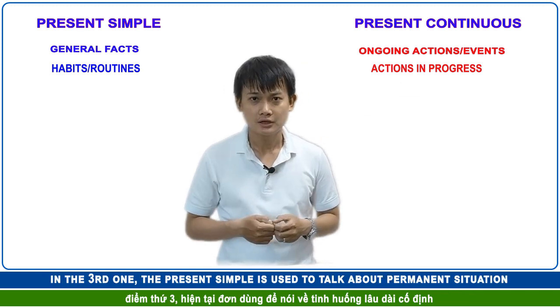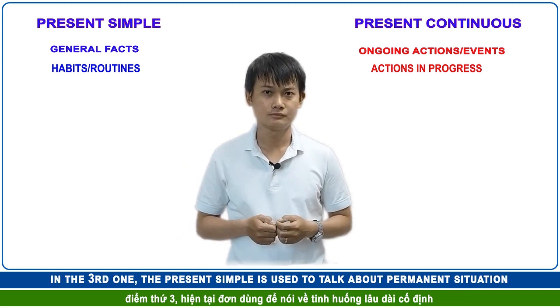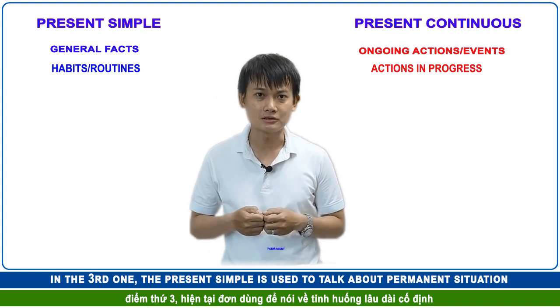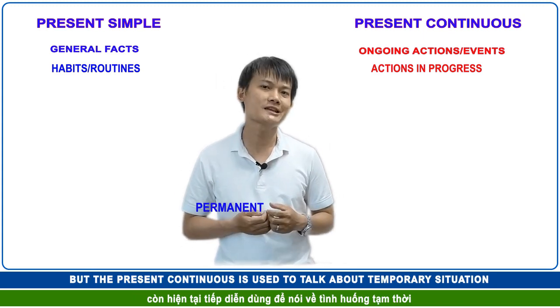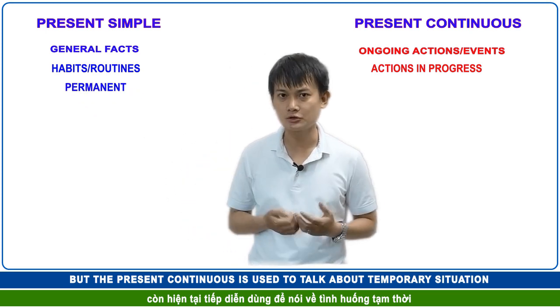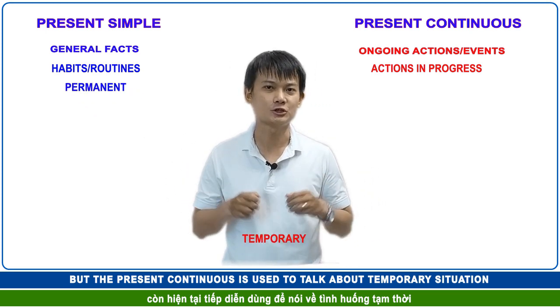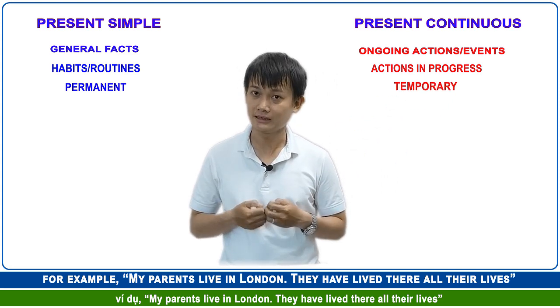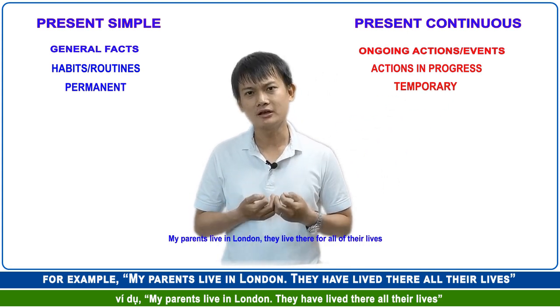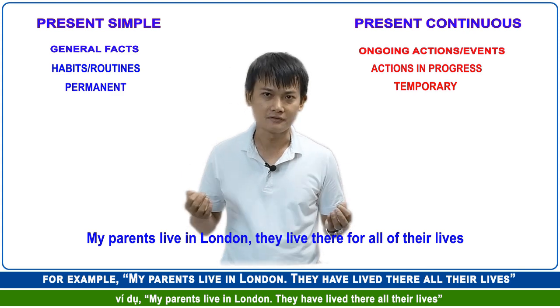In the third one, the present simple is used to talk about a permanent situation, but the present continuous is used to talk about a temporary situation. For example, my parents live in London. They have lived there all their lives.